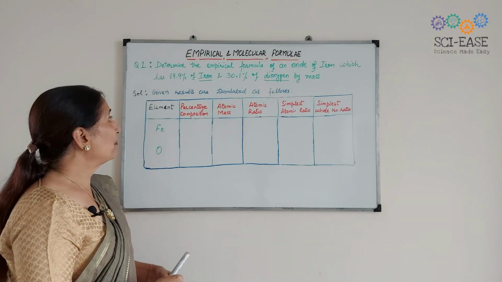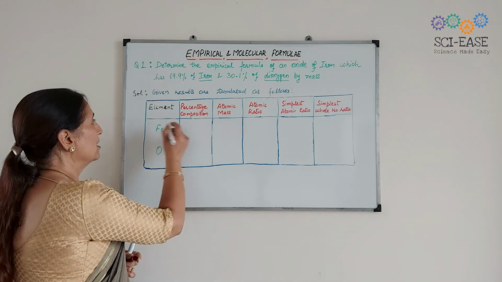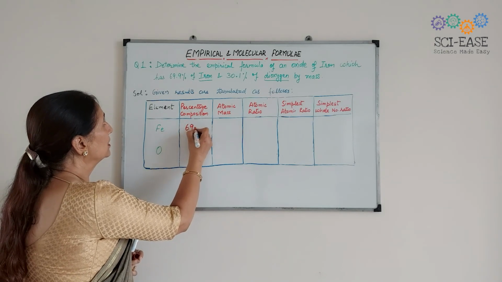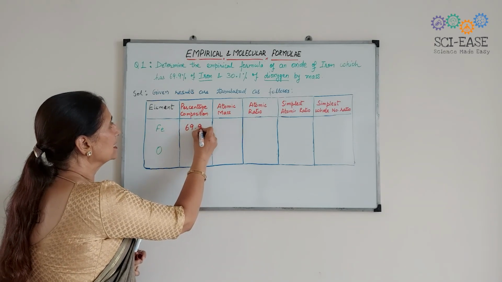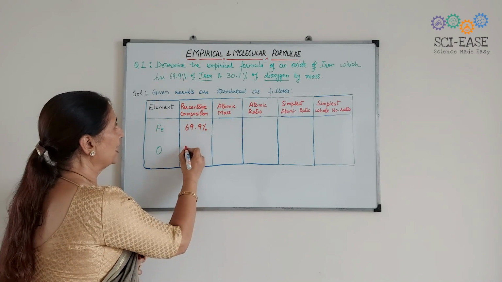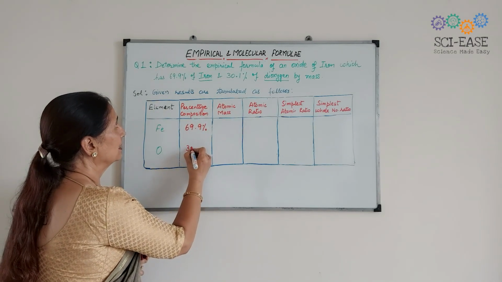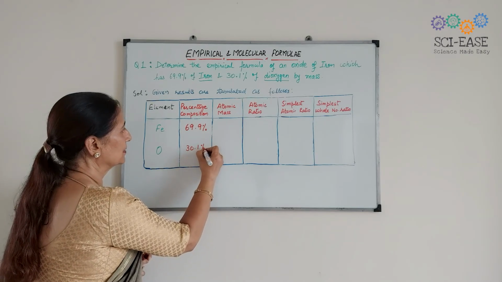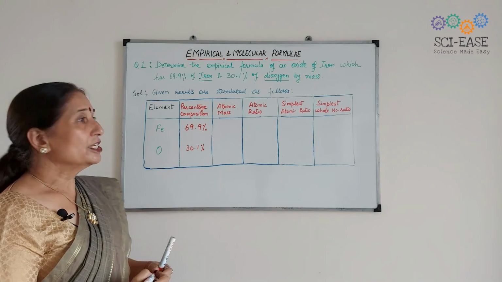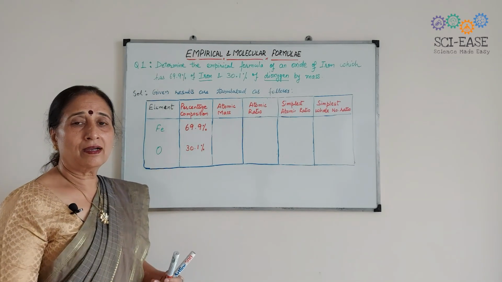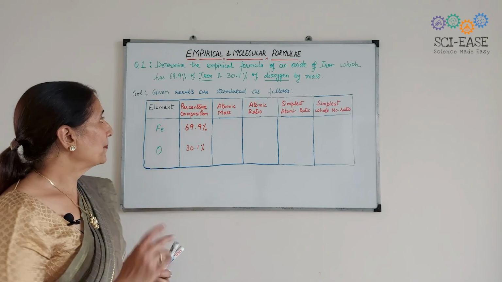Next column is percentage composition. Percentage of iron is 69.9% and that of dioxygen is 30.1%. This numerical is taken from your textbook. It is in the exercise.